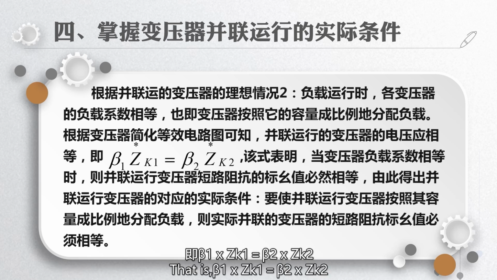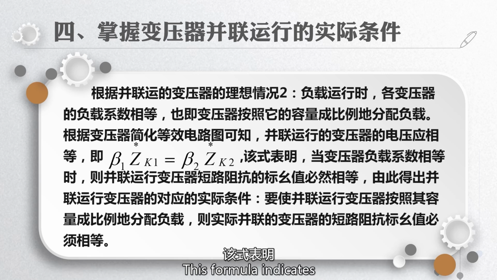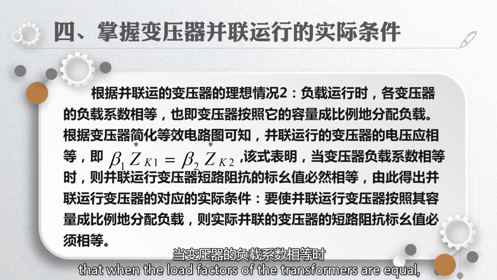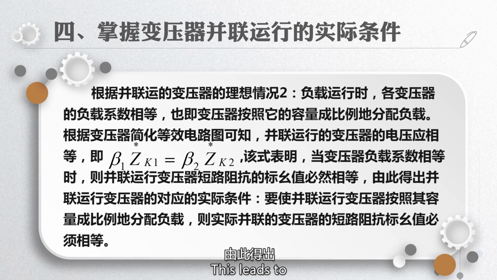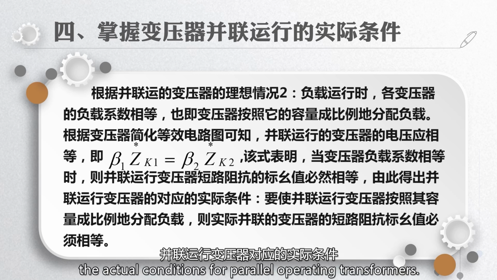This formula indicates that when the load factors of the transformers are equal, the per unit values of the short circuit impedance of the parallel transformers should be equal. This leads to the actual conditions for parallel operating transformers.